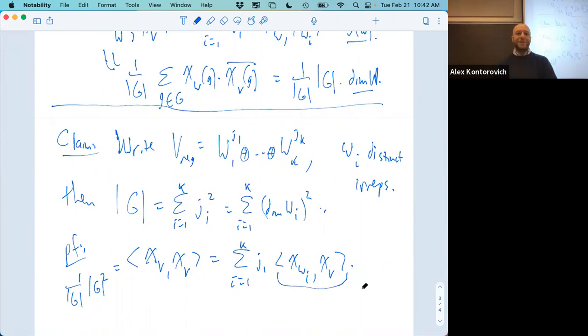Okay, and we just worked out what this is. It's ji. This is ji by the computation. And this is the dimension of the regular representation.